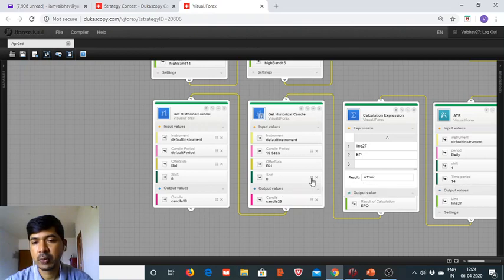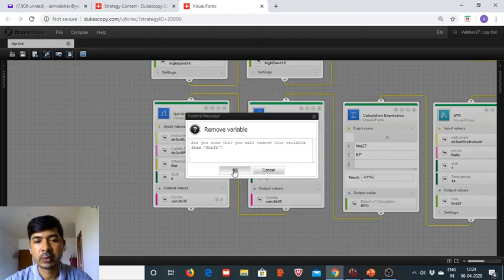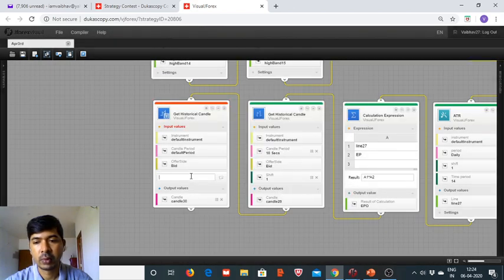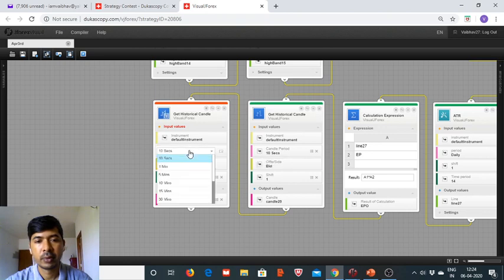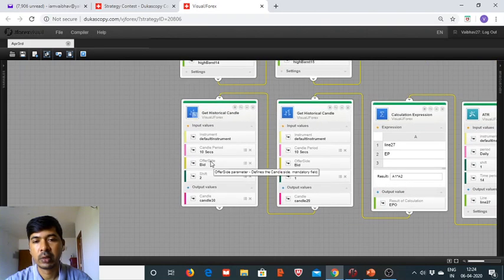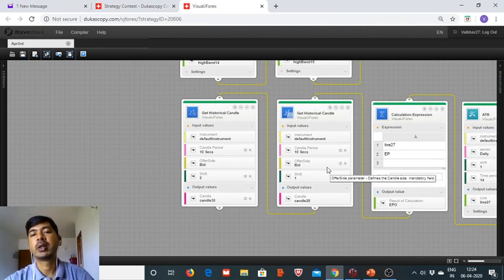Shift 0, we make it shift 1, and this will be shift 2, and it will be 10 seconds also. So this is the bid side, both are on the bid side.